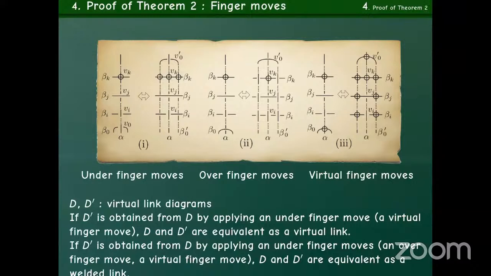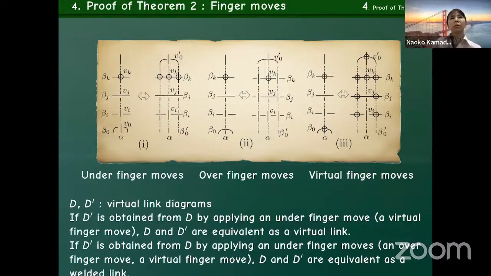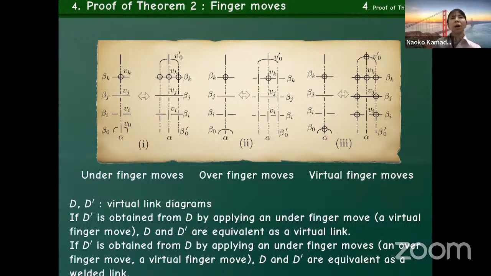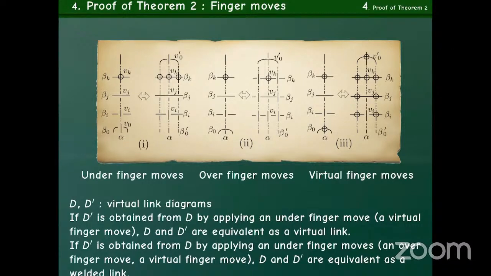No, as far as I understand, your under move has two virtual crossings on the top. So your definitions are not symmetric. The move number 1 has two new virtual crossings on the top. Well, it's strange. Vasily, you were right.